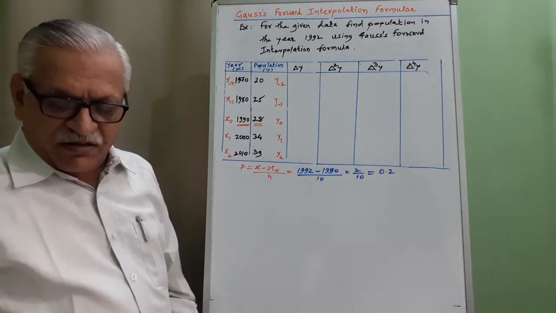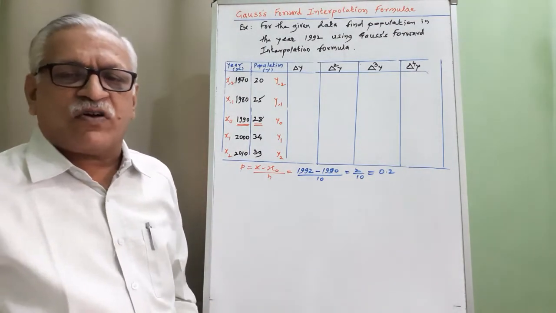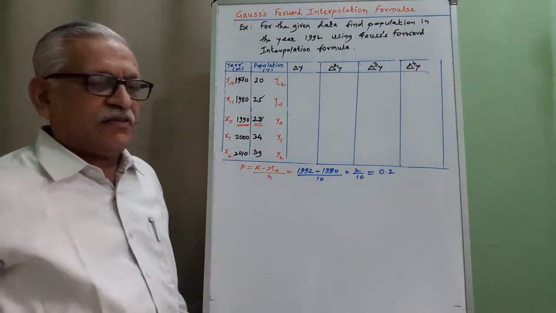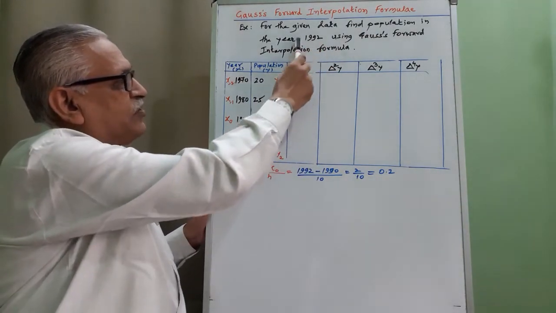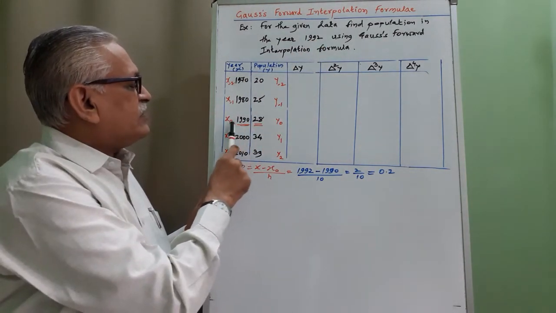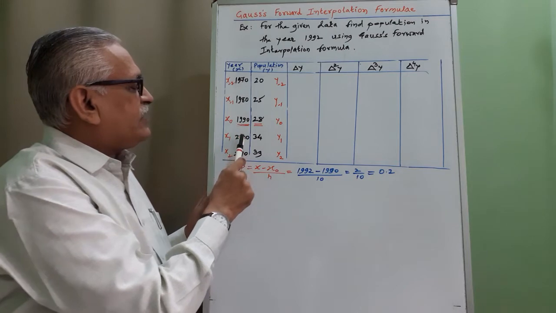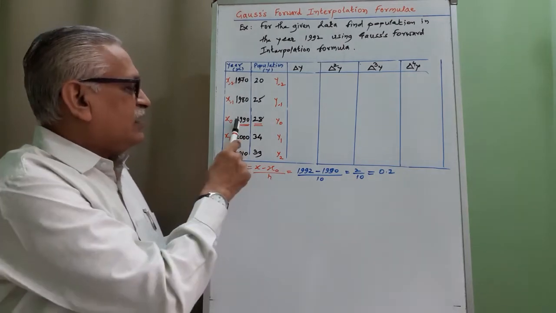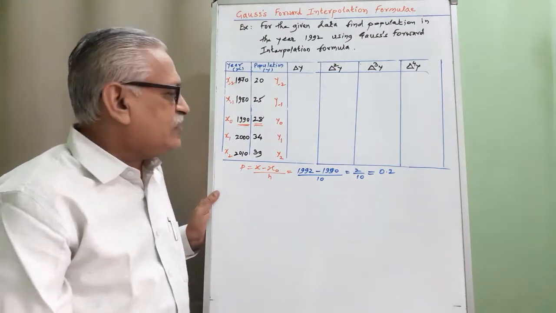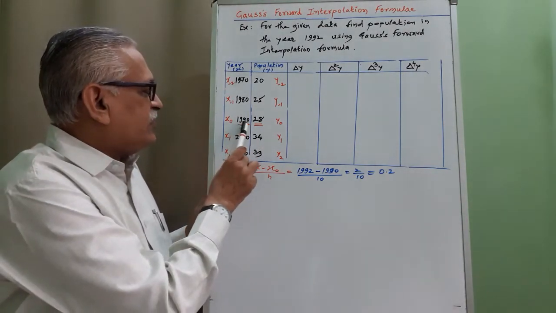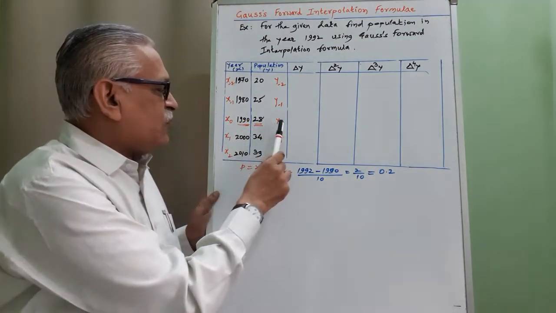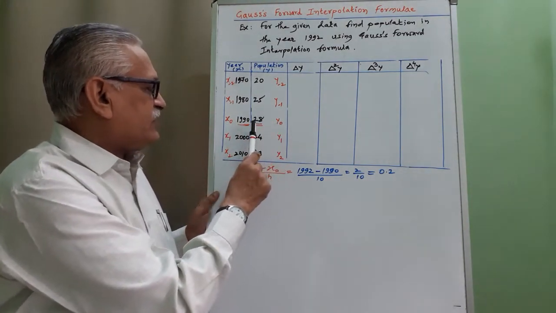Then making that forward difference table, we require to find population in the year 1992 which lies somewhere between 1990 and 2000, middle of the table values, and therefore 1990 we call as x0. Corresponding y0 is 28.